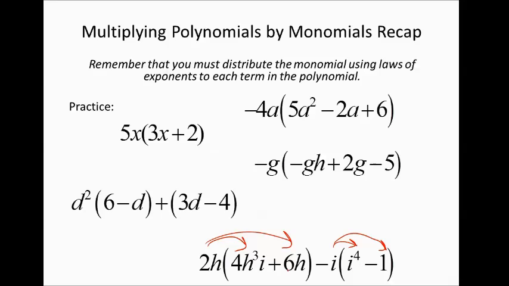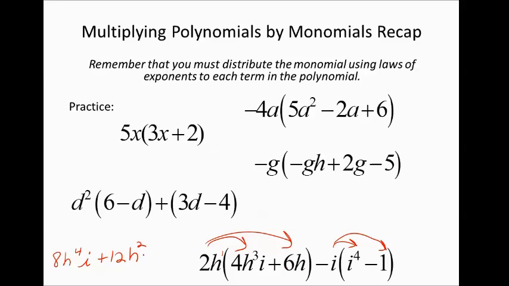So I need to distribute first, and then after I distribute, then I can combine any like terms if I have any. So in this case, I would end up with 2 times 4 is 8, and then h to the first times h to the third will become h to the fourth, I, plus, and now that's going to be 2 times 12, so that's going to be 12, and that's h to the second power.